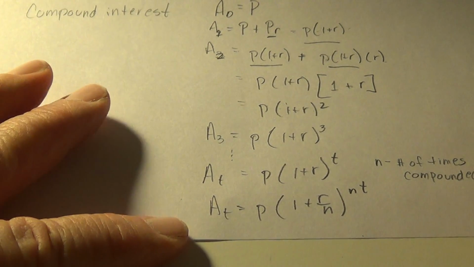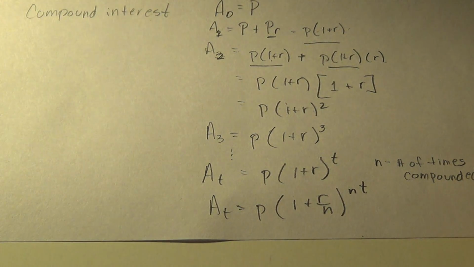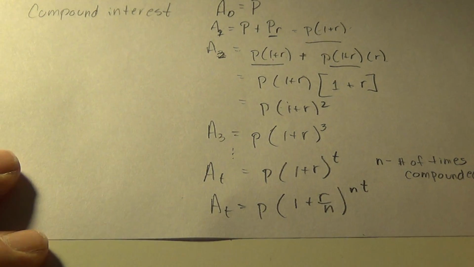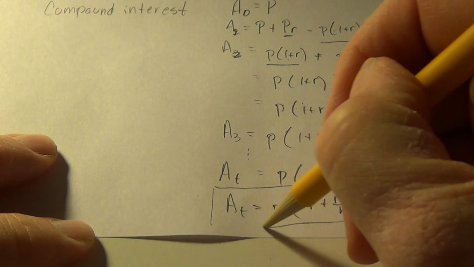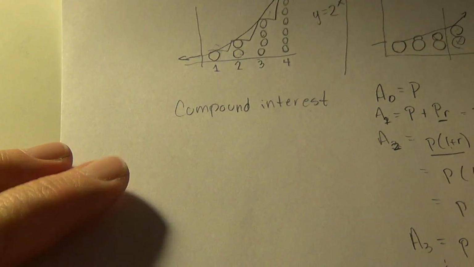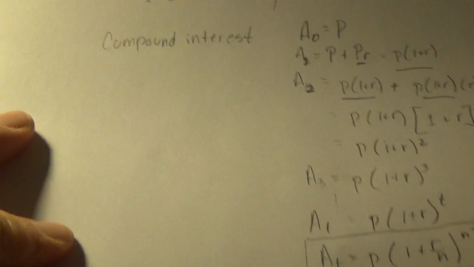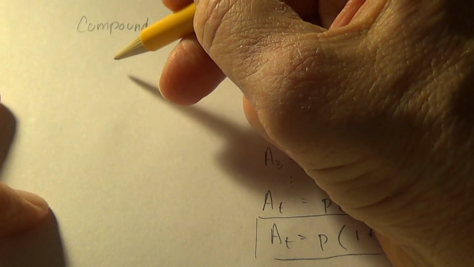And that can be explained, but I'm going to just give that to you for my purposes. That will work. So let's use this. This is the compound interest formula. And let's do a problem. So I'll keep that on the screen and come over here.